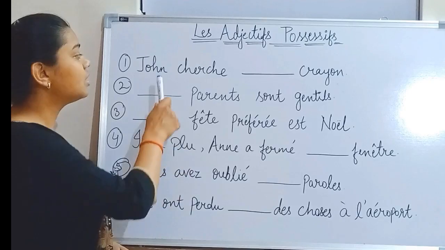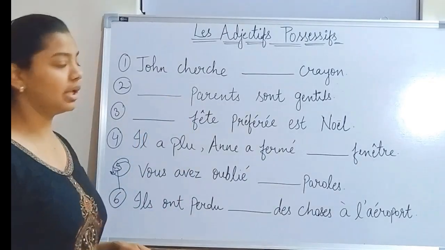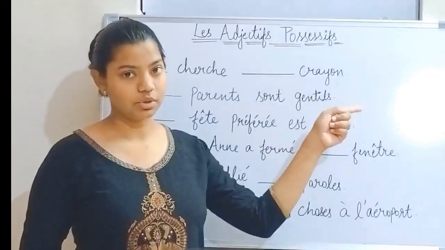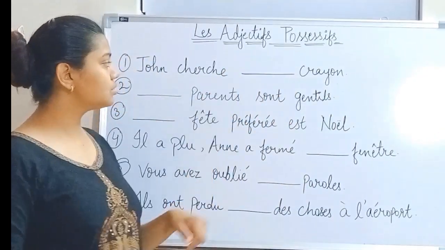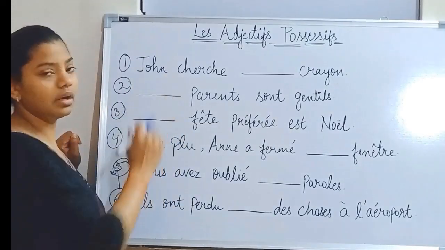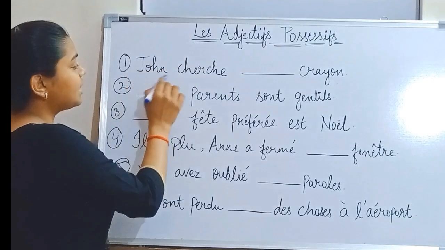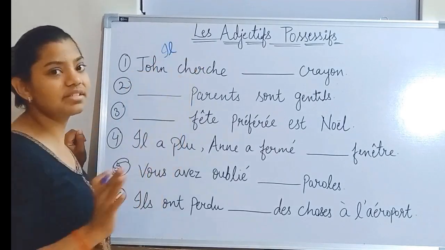Okay, so number 1, John cherche dash crayon. Okay, that means John searches for his pencil. So for his we use what? John is the subject; in the place of John we use il as a subject pronoun.